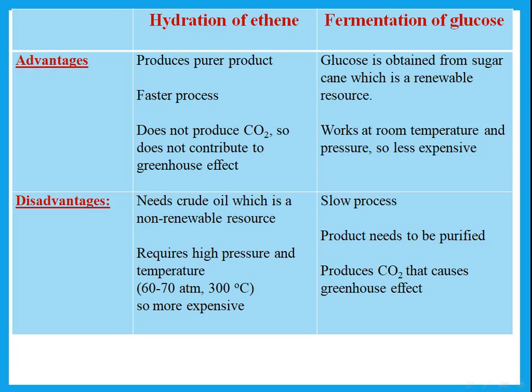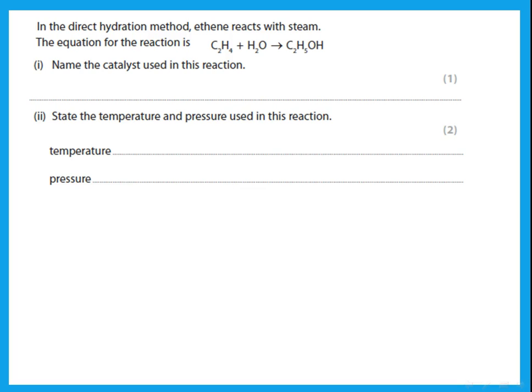The problem with the fermentation is that it is a slow process, and in the end, I have ethanol and water and yeast, and I need to purify the product before I can go. Okay, so let's try this question.